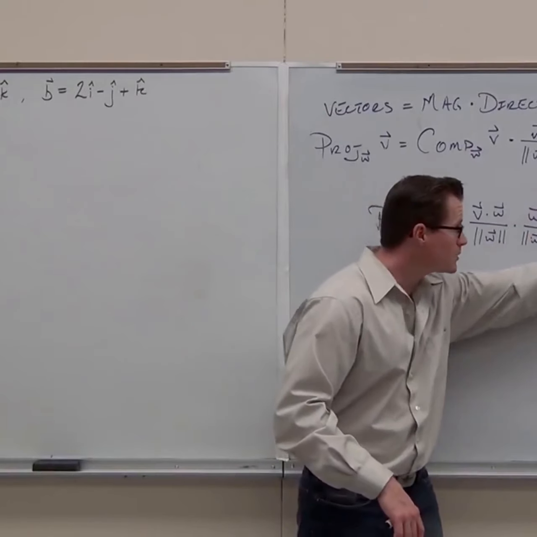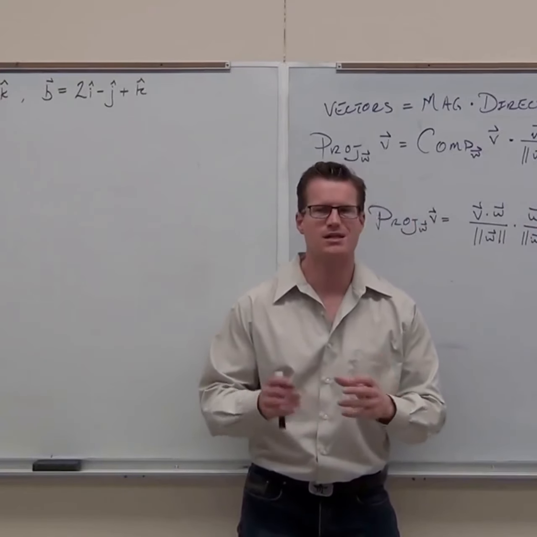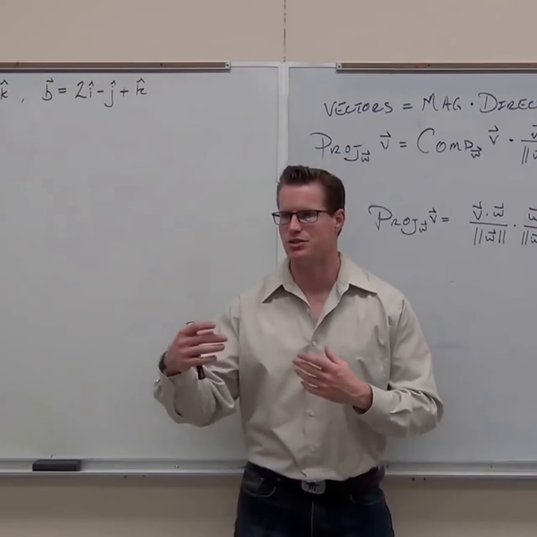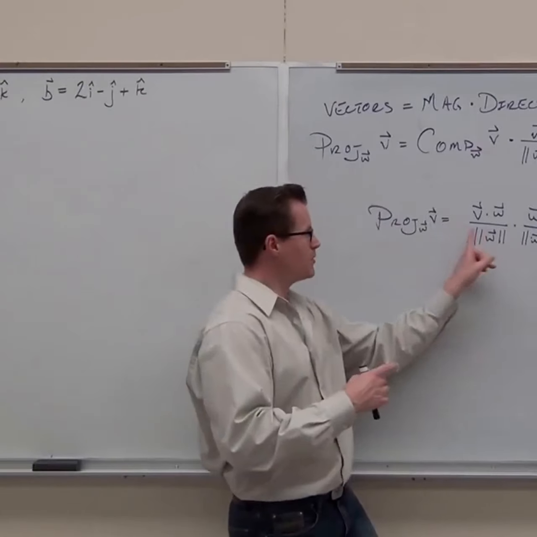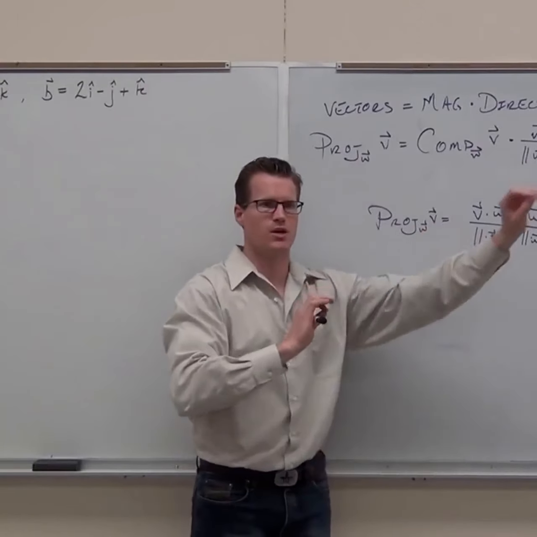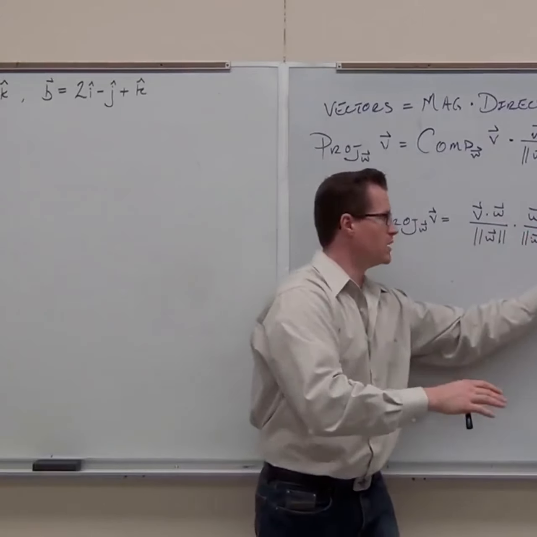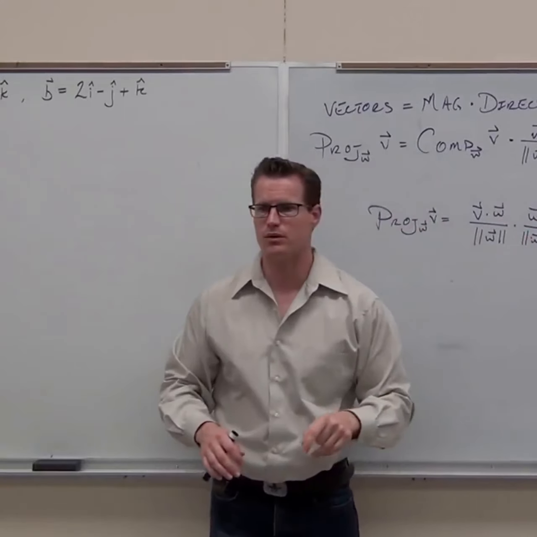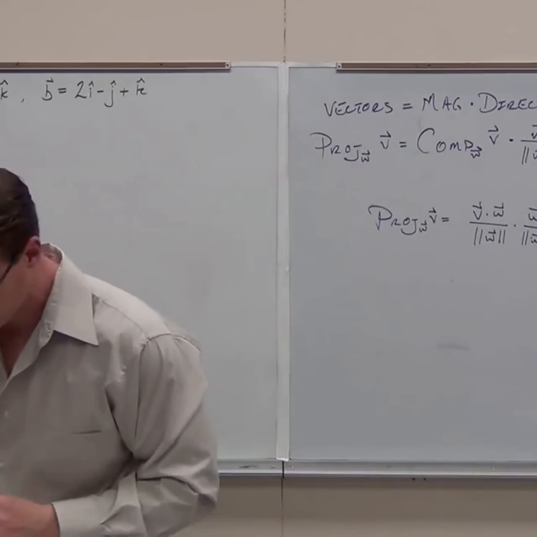B is the one that goes here and here, and that's the way you think about it. If you just have the formulas, it's very easy to get confused. That's why I teach you you need to understand it. Because if you understand that the one you're projecting onto carries your direction, the one you're projecting onto carries your unit vector. The one you're projecting onto is what goes here and here. That's important. So if you feel okay with that one. That's a big deal. It's a really big deal.